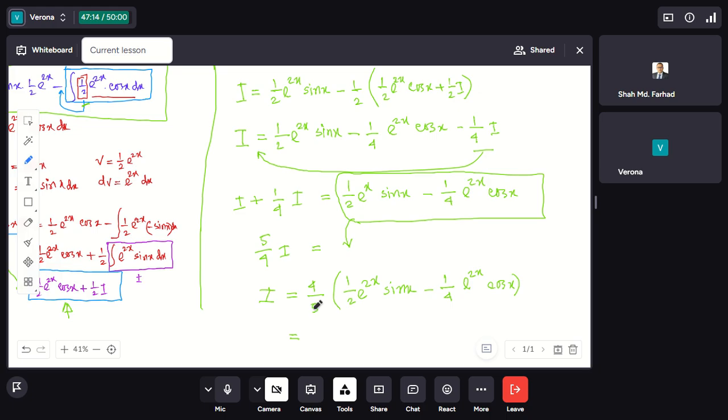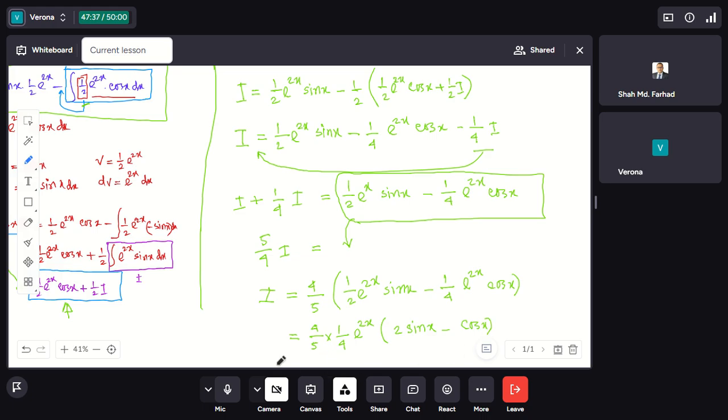So then it will be 4 over 5 times 1 over 4, and also we can take common e power 2x, then it will be 2 sine x minus cosine x.